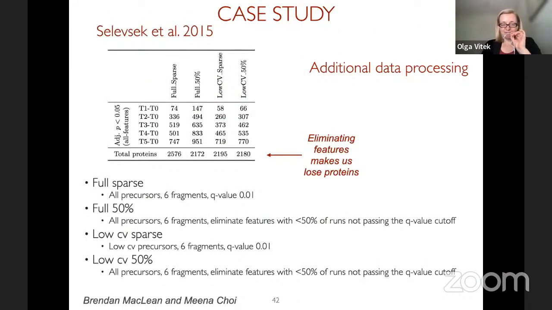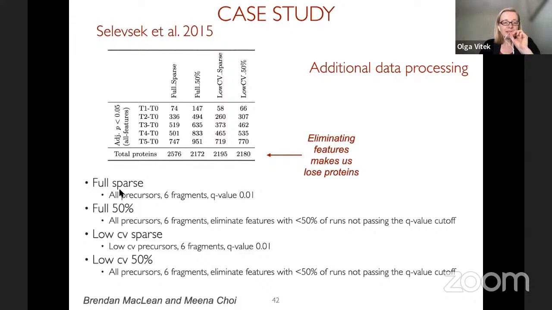So that's what was the thought process. So let's kind of continue with this low CV data set and try to add another option of data processing. So we had 4 data sets which resulted from different processing of the original data.